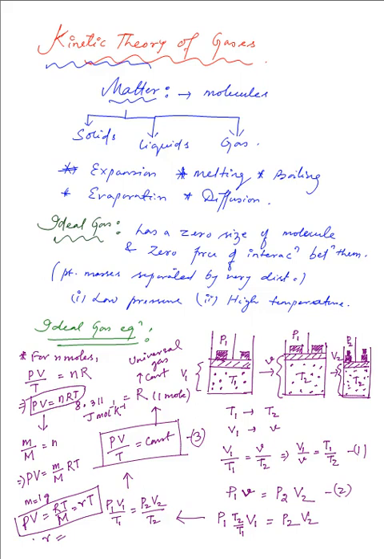Small r is equal to R by M, that is the specific gas constant.